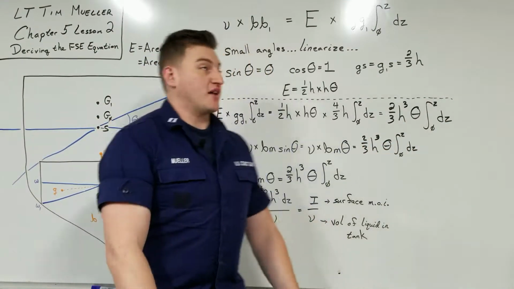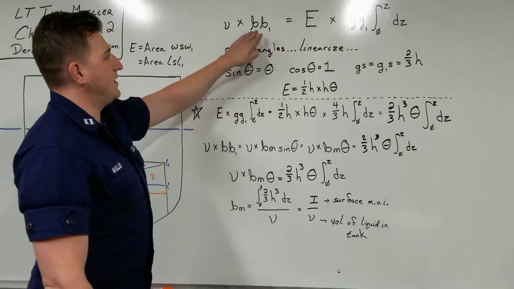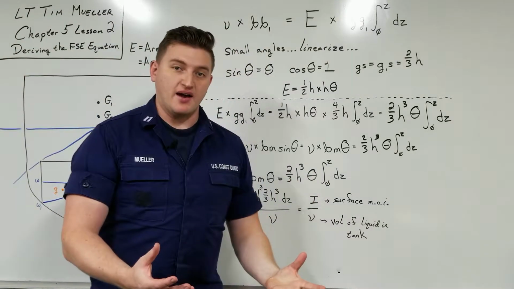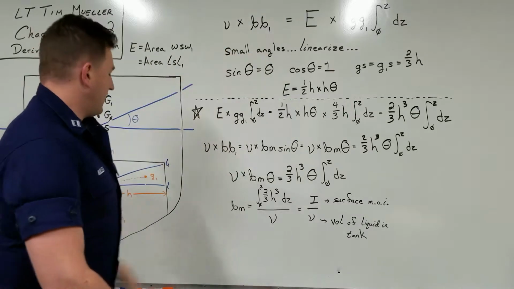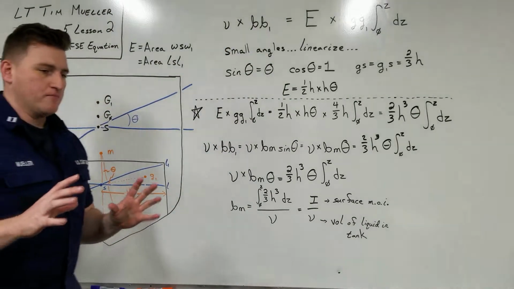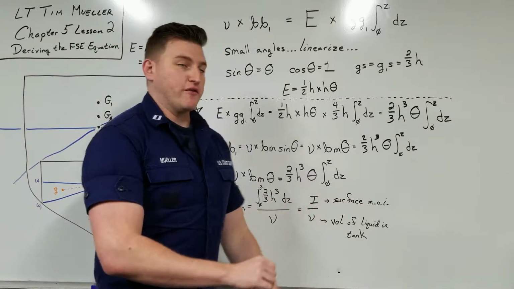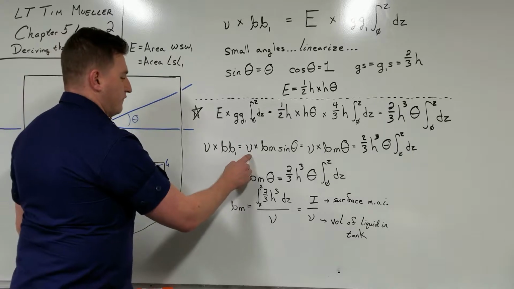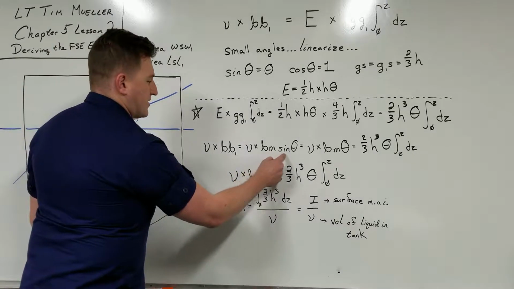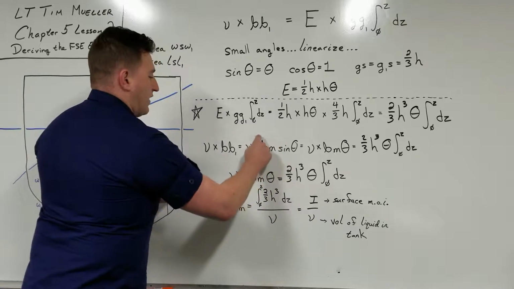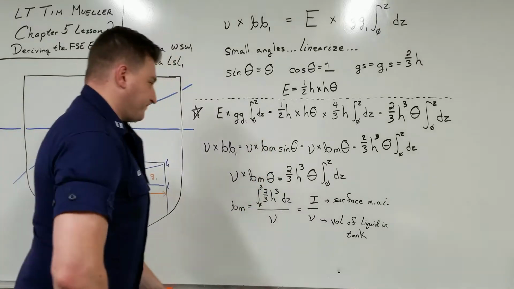Now we have to work on the left side of the equation: V times BB1. V is the volume of the liquid inside, and BB1 is the distance from B to B1, so it's the overall moment of all that liquid moving over. So V times BB1 equals V times BM sine theta. In this step, BM is exactly what we're looking for, so we're moving in the right direction.